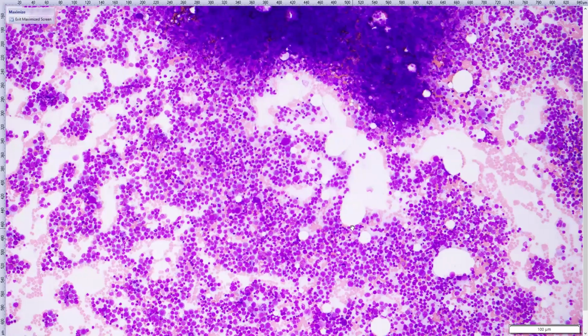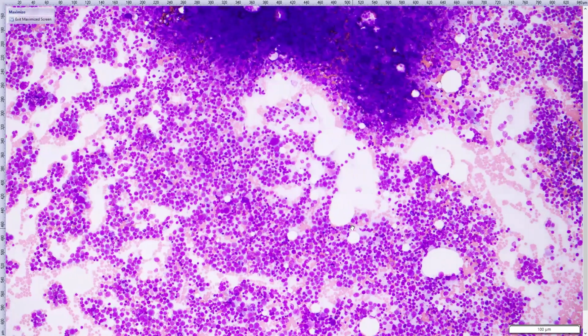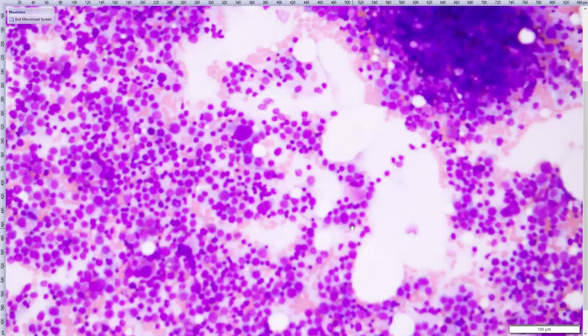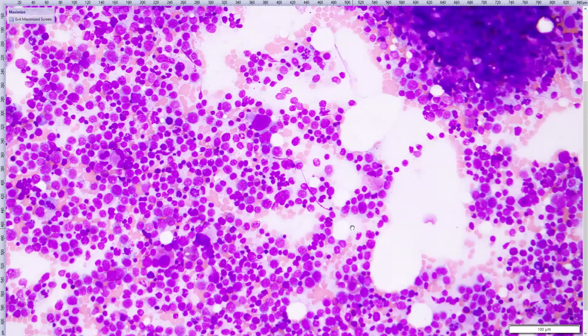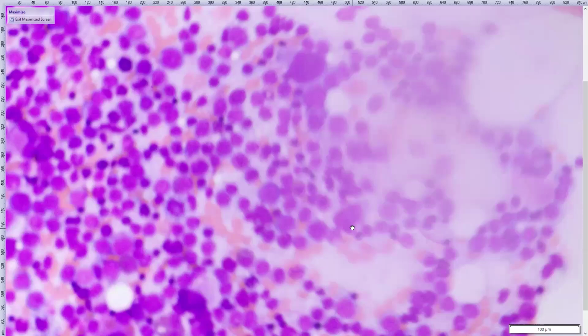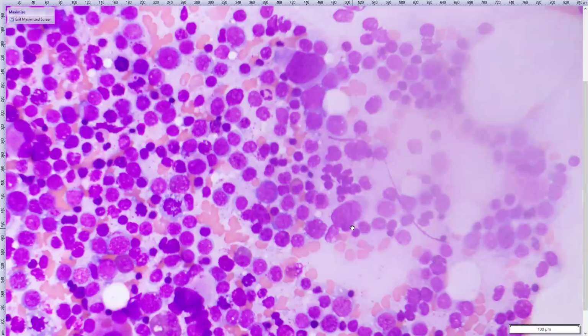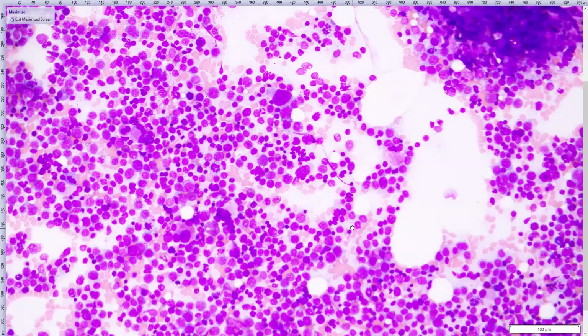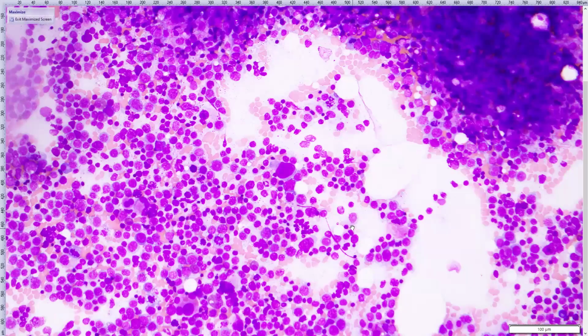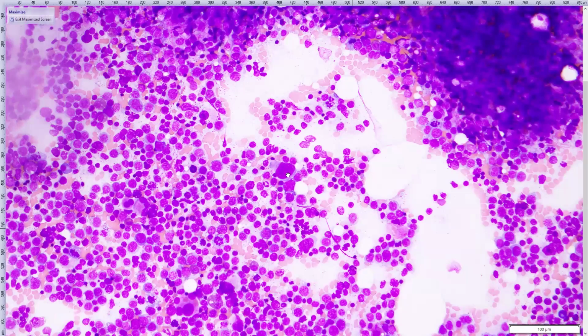So this is a dysplastic megakaryocyte. This one here, this is our dysplastic megakaryocyte.